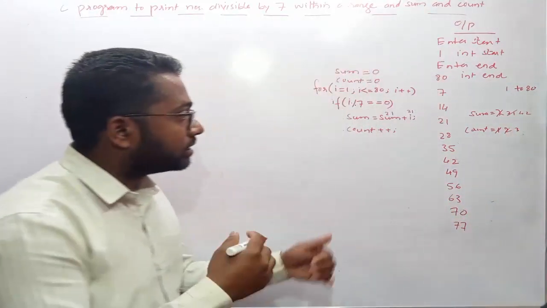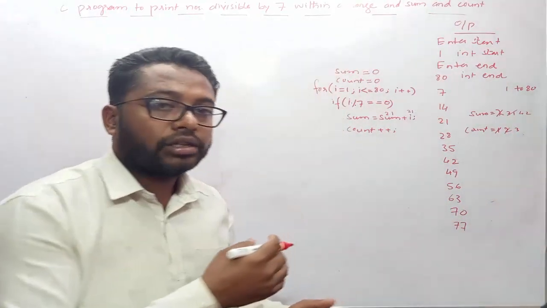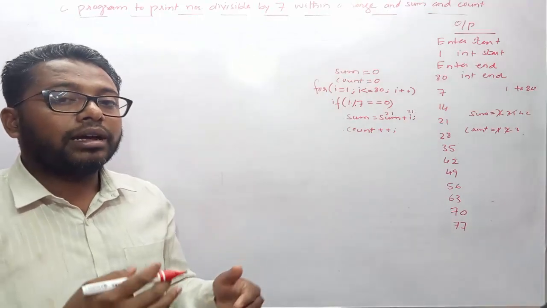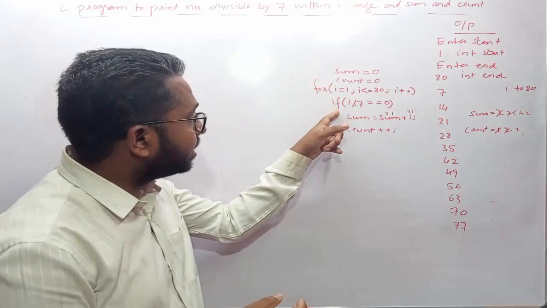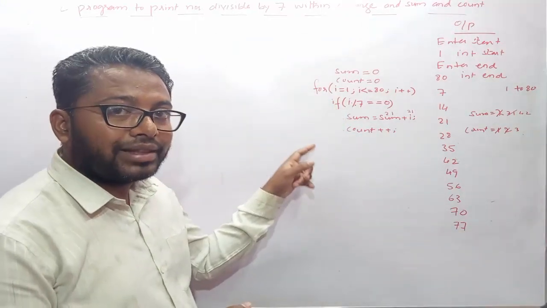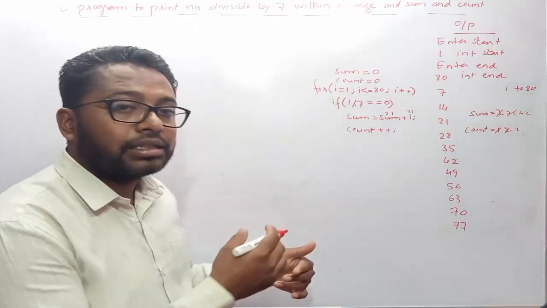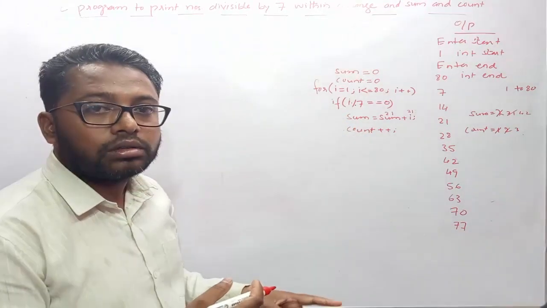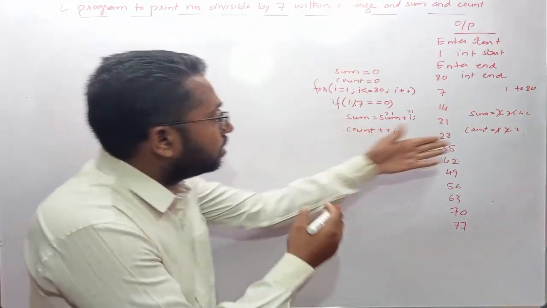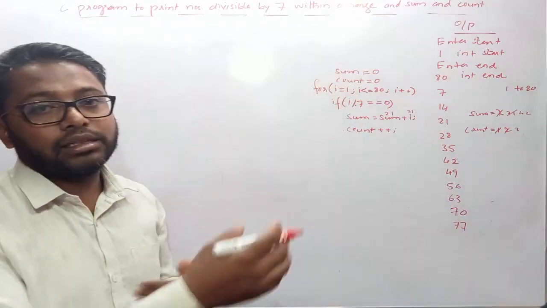Okay, like this, with each and every iteration, the I value gets incremented by 1, and with each and every I value, this condition gets checked. If that value of I completely gets divisible by 7, then we will be performing these two operations and moving to the next iteration.